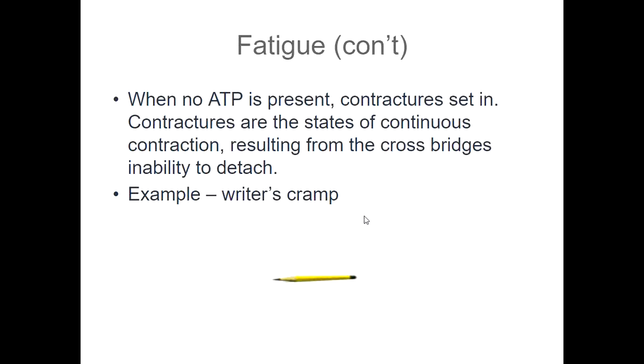And a good example of that is writer's cramp. Now, you think you've had writer's cramp before when you're writing a paper for a teacher, but what you were experiencing was muscle fatigue. True writer's cramp means that when you go to drop your pencil, your hand stays cramped up like it was in the writing position. And it's because you can't release that contraction.